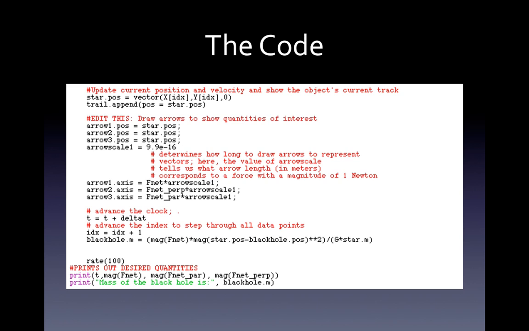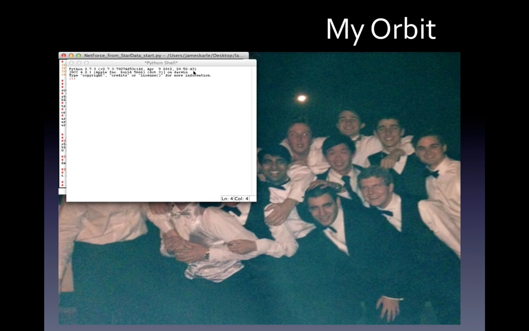Toward the bottom of this section of code is where I put the code to print out my desired values of time, the magnitude of F net, and the magnitudes of the perpendicular and parallel components. Also, I asked the program to spit out the value for the mass of the black hole. Now that you know the different ways I turn the formulas we know into code, let me show you the result. Here is my video.